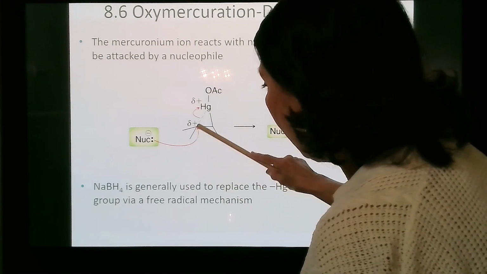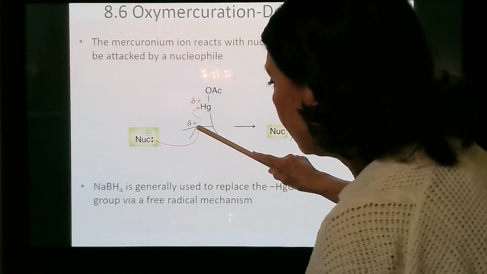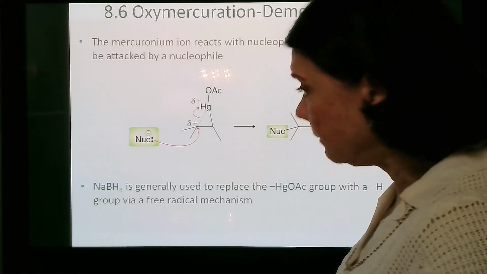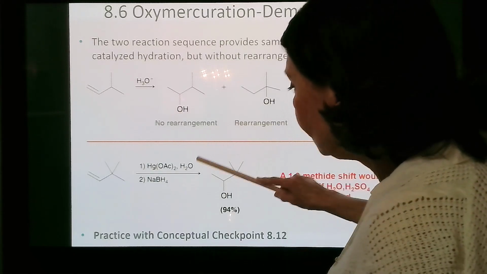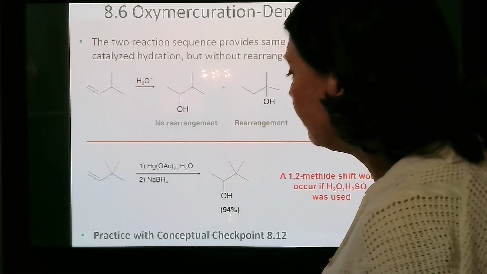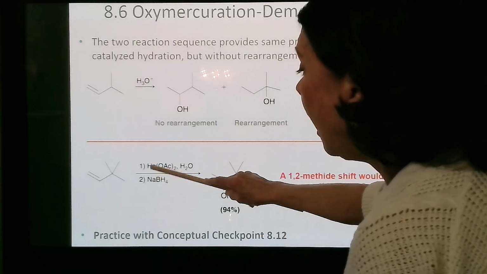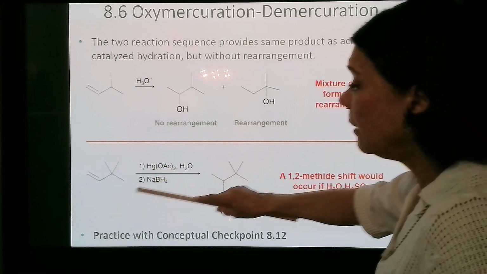Here is the nucleophile, so this would be the water coming in for attack. See the water here? This is the nucleophile. So you have the mercury become attached.